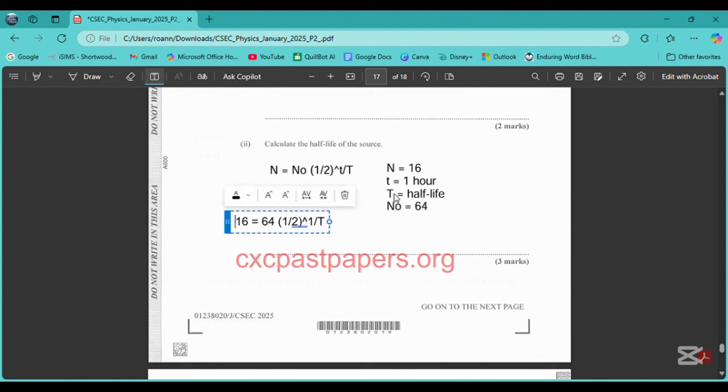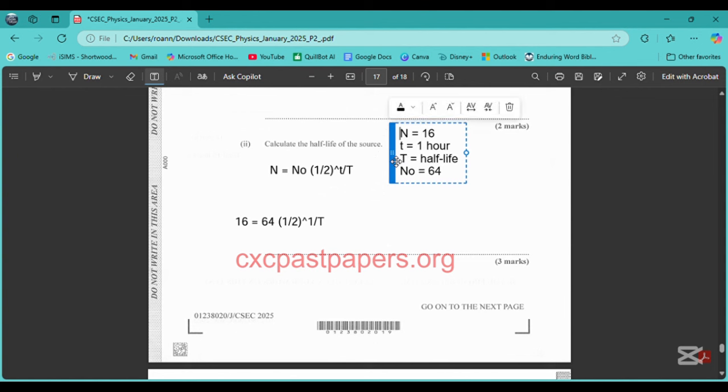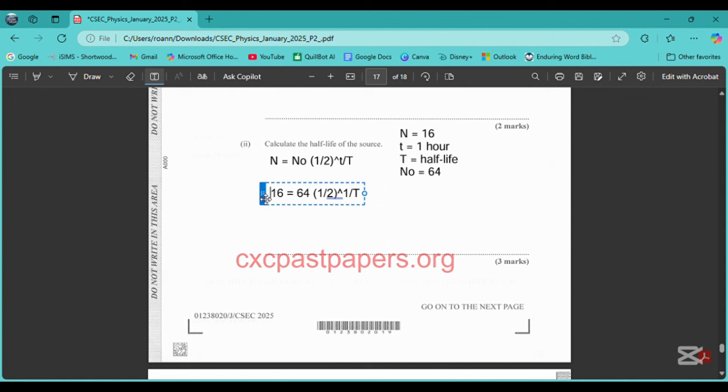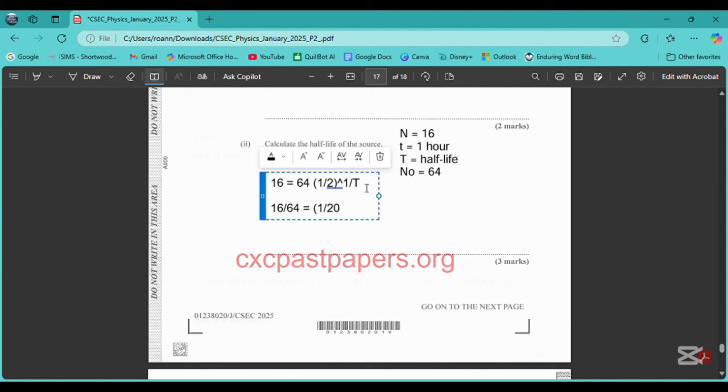And while transposing, we'll end up with 16 over 64, because we're transposing in steps to ensure that we don't miss anything. 16 over 64 equals half to the power of 1 over T. And 16 over 64 is a quarter.